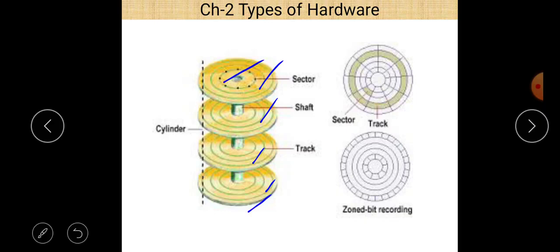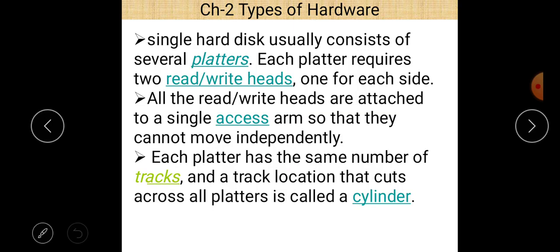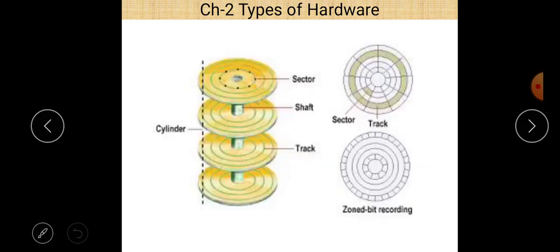So whatever be the number of surfaces, data can be stored only on the number of surfaces minus 2, that are the read and writable surfaces. Next, the main point is that the hard disks are connected to an attached arm, or we can say access arm, and the hard disk rotates.